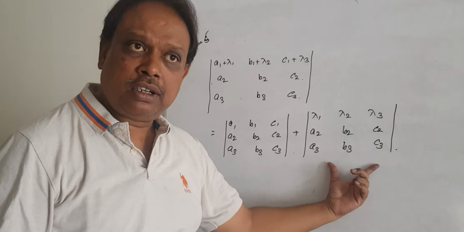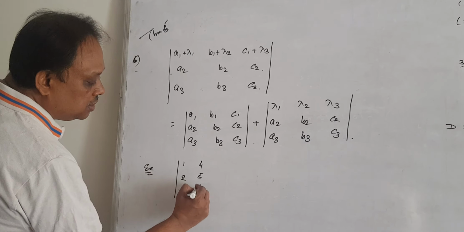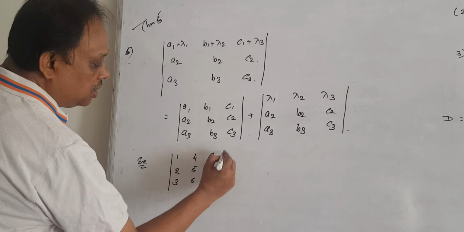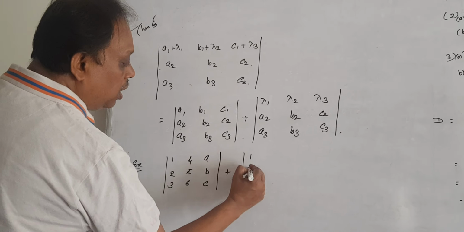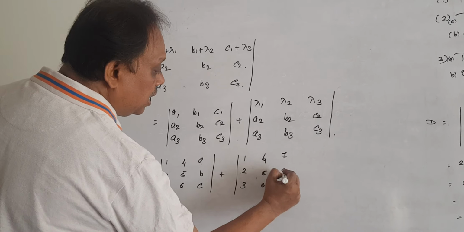The remaining row or column are different. You can add them in this way. I show you another example. Suppose it is given like this: 1, 2, 3; 4, 5, 6; A, B, C, plus 1, 2, 3; 4, 5, 6; 7, 8, 9.